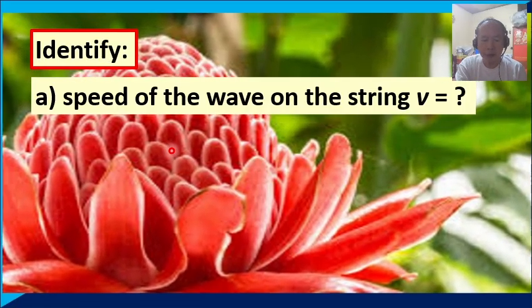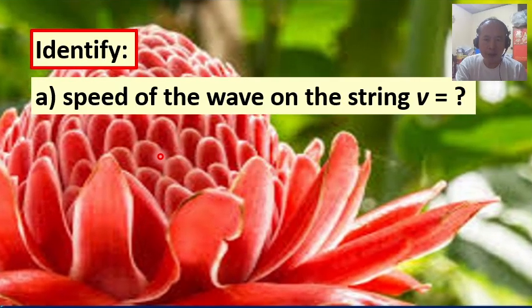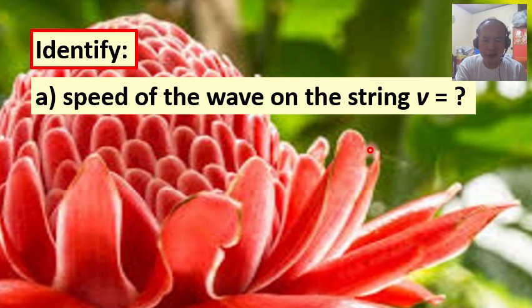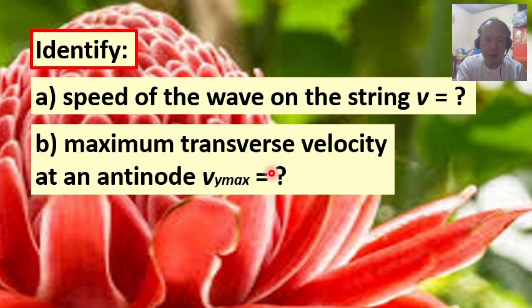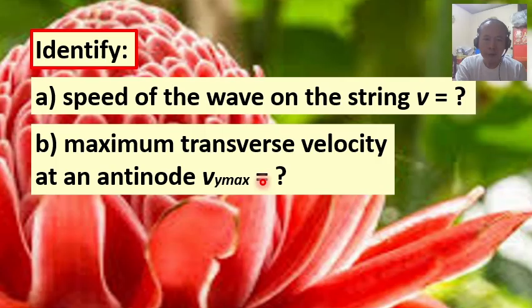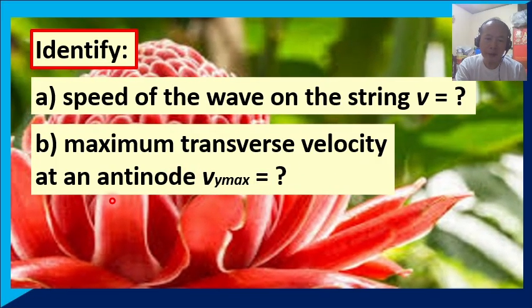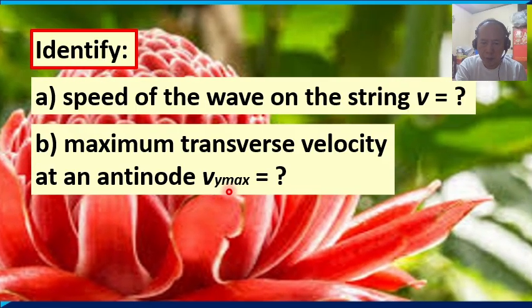Our target variables are, in part A, the speed, small letter v, of the wave on the string. In part B, the maximum transverse velocity, denoted by small letter v sub y max.